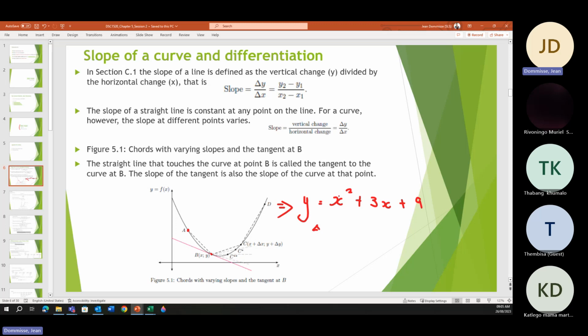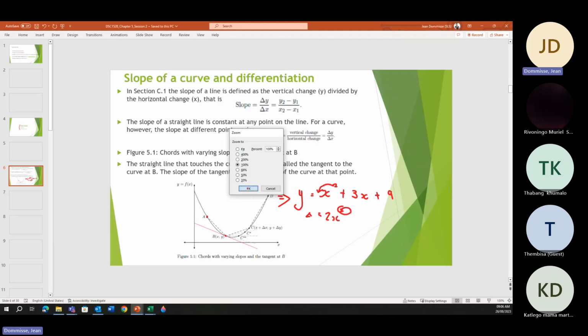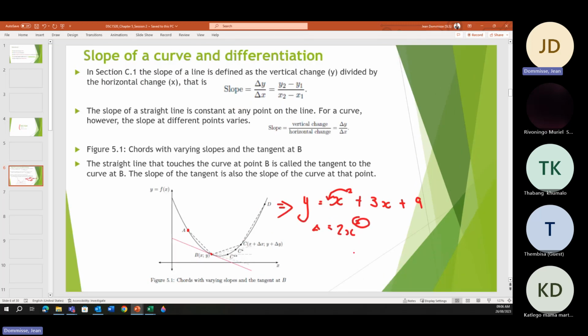I'll go through all the rules of how we work it out, but what normally happens is that the 2 goes in front. Then it becomes 2 minus 1.